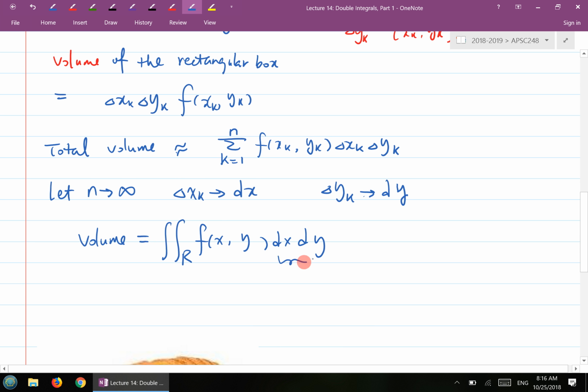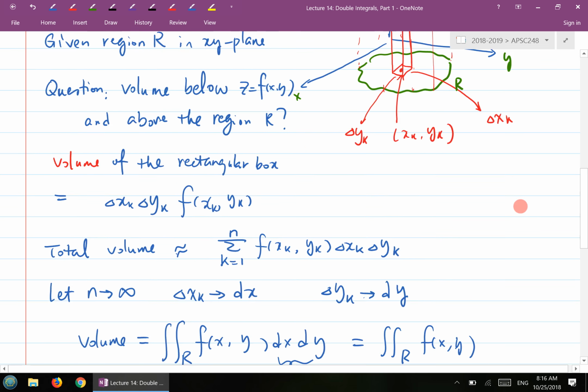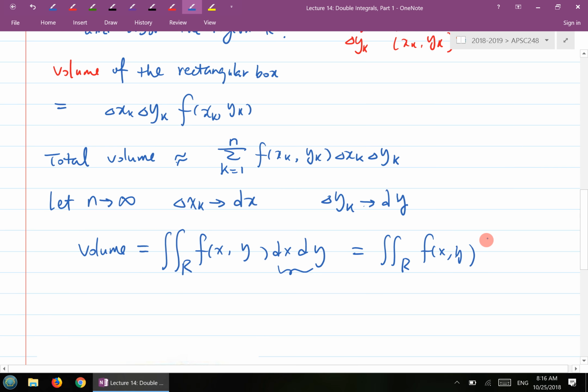And then dx dy, sometimes you can see the notation here, because delta x times delta y gives you the small base area. Then dx dy, we sometimes just call it the small differential area, dA. So this is a differential area. That's the notation.